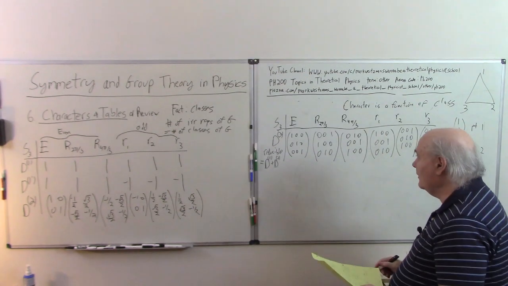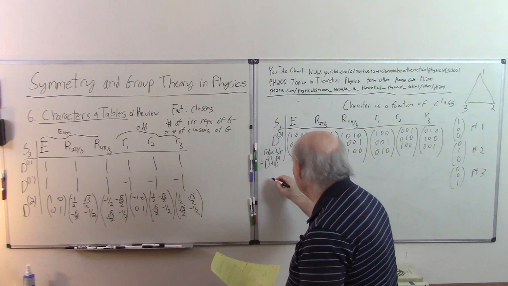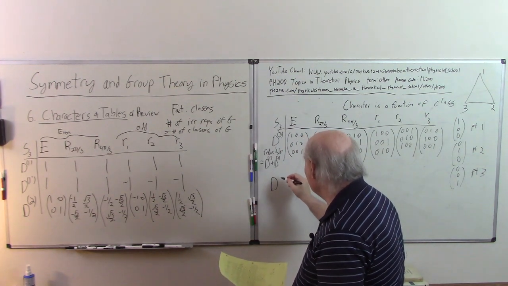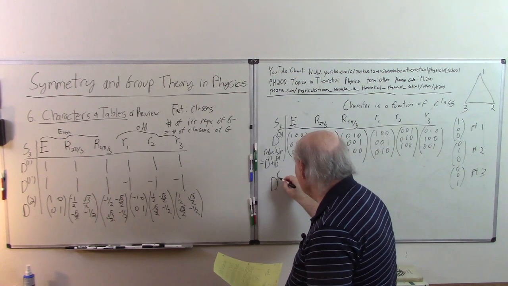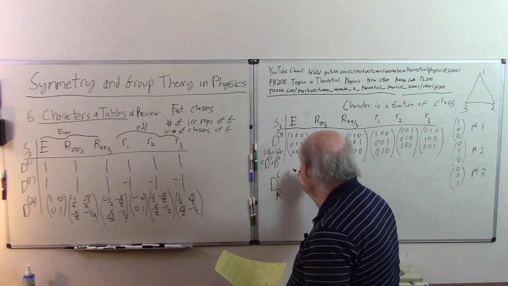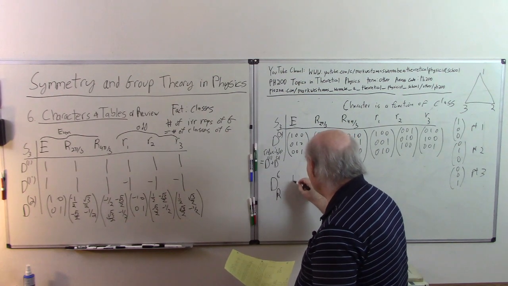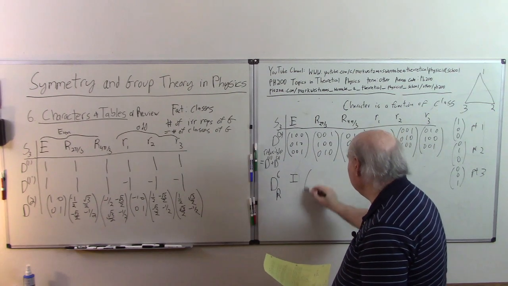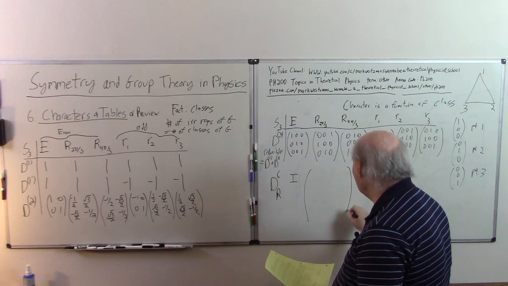And then there's a 6-dimensional representation. There are 4-dimensional representations also, but I'm not going to go through them. This is called a regular representation, which I discussed one time, where this is the identity matrix for E, but I'm just going to only do one of these things.